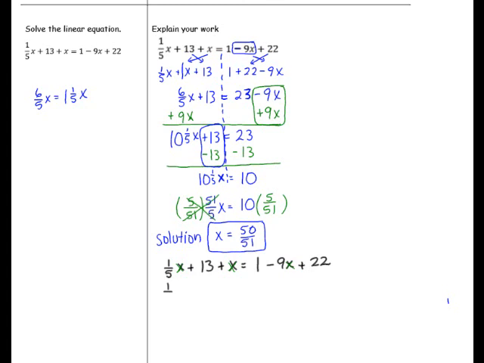That gives us 1/5 times 50 over 51 plus 13 plus 50 over 51 is equal to 1 minus 9 times 50 over 51 plus 22.